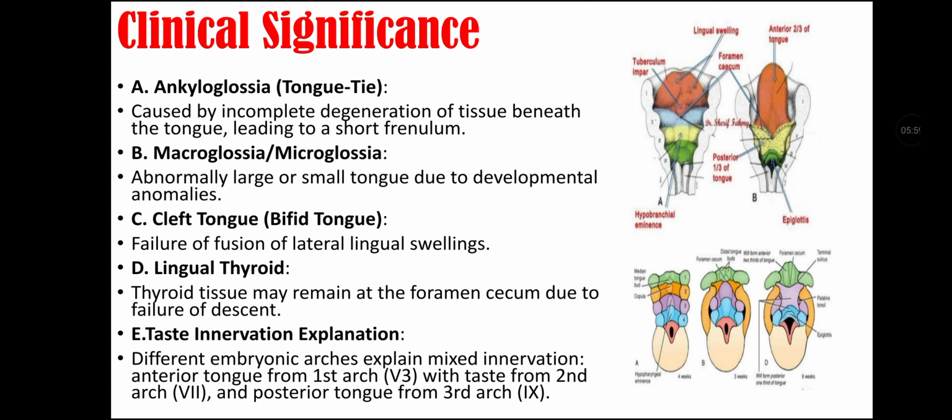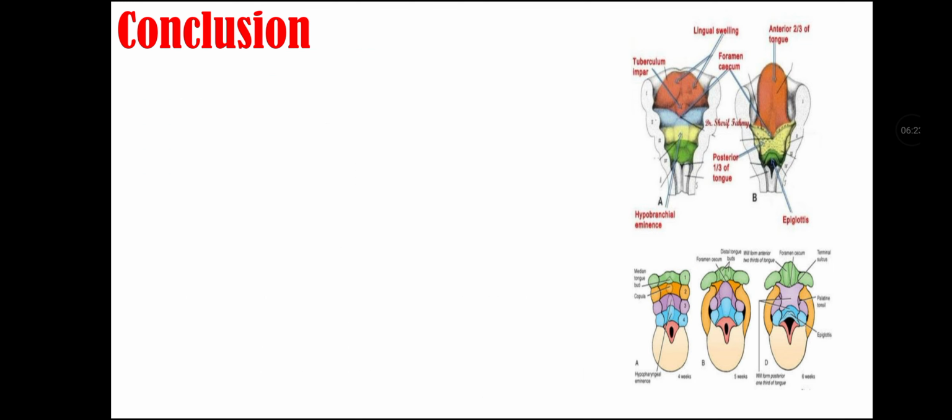So in the anterior two-thirds of the tongue, general sensation is by the mandibular division of trigeminal nerve, and taste sensation is by the facial nerve. And in the posterior one-third part of the tongue, the taste sensation and general sensation are by the ninth cranial nerve, that is glossopharyngeal nerve, as it is derived from the third pharyngeal arch.